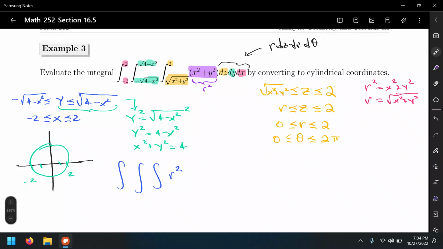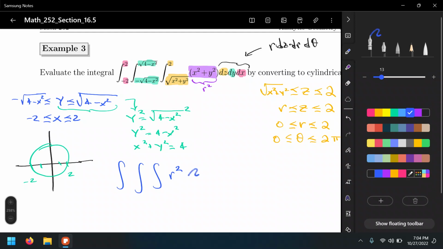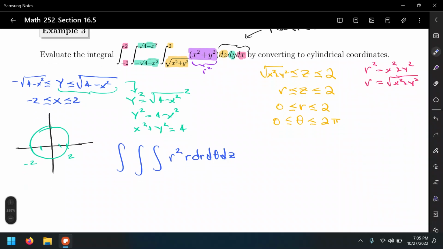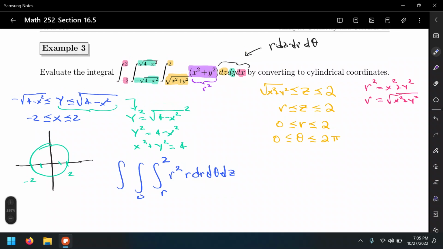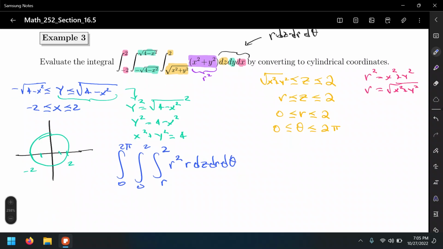So r squared times r, dr d theta dz. The limits are z from r to 2, r from 0 to 2, and theta from 0 to 2 pi. Oh, wait a minute, I had the wrong order in the differentials here; it's dz, dr, d theta.